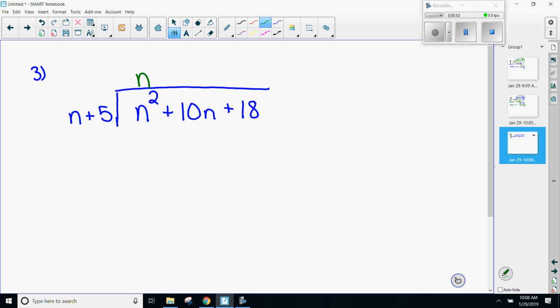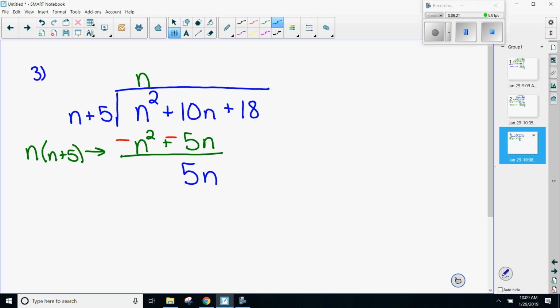N. So I need to take n times n plus 5, which gives you n squared plus 5n. Subtract it, which means change your signs. It was a positive, so I'm subtracting that, so it becomes like a negative 5. So now when you group them together, you end up with 5n. Then bring down 18.